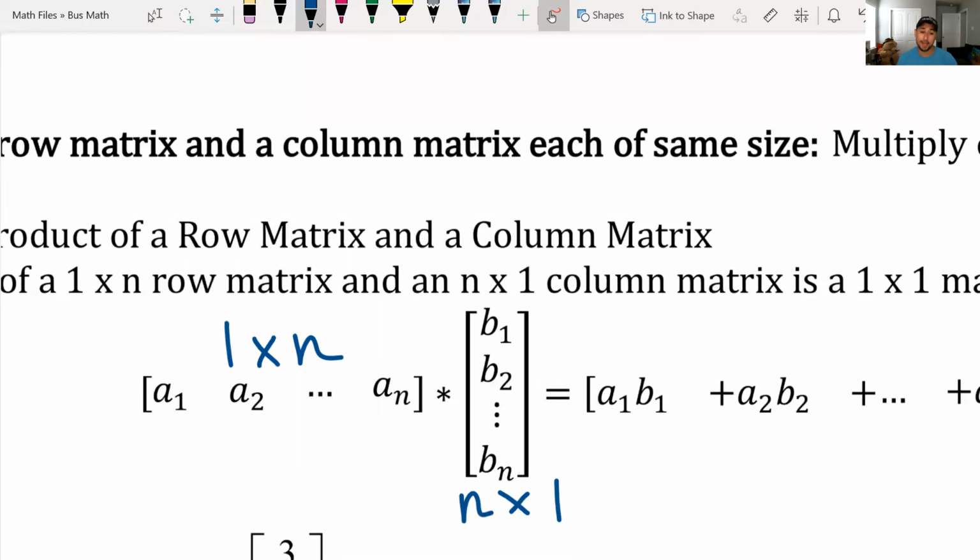The reason we put n is because we have no idea how many columns the first matrix has. It goes on forever. And for the second matrix, we have no idea how many rows that matrix has. But what we know is that these n's are equal, and the result is a 1 by 1 matrix.